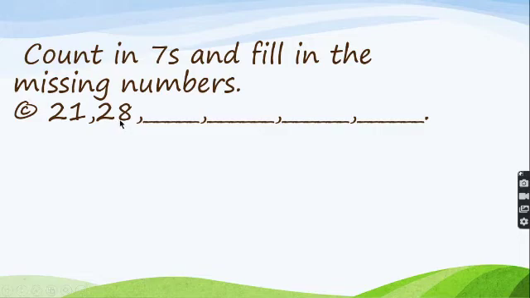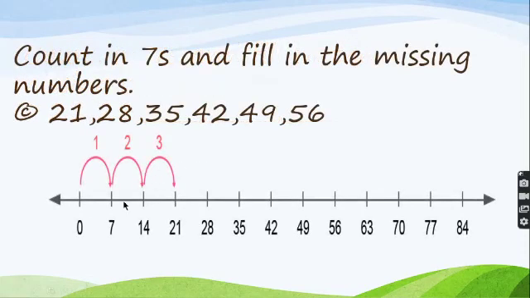Like that, by using the number line again, we find the next missing numbers. So look at the number line again. Now you start jumping from 21. When you add 7 to 21, your answer will be 28. So you land on 28.